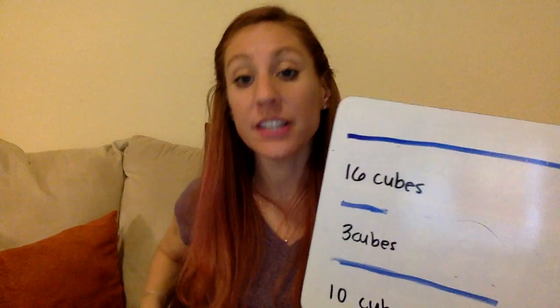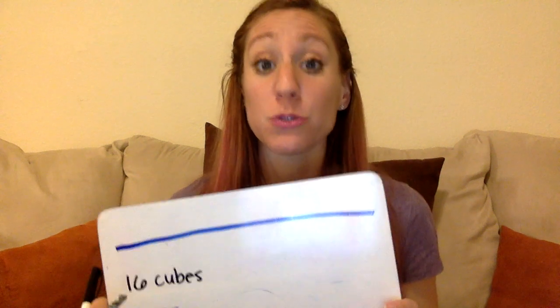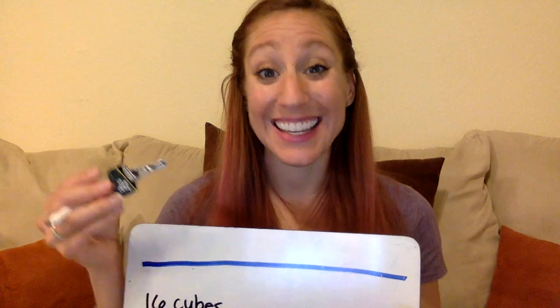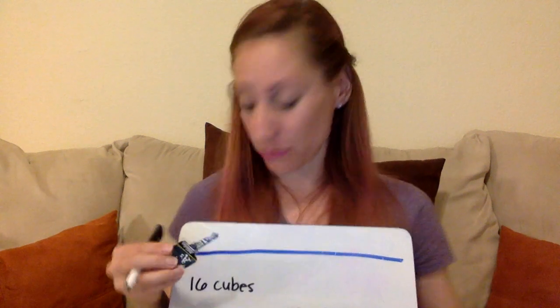Now, I'm going to measure these same 3 lines using a different type of measurement. I'm going to use a different unit. My unit the first time was cubes, right? That was my unit of measurement. Now I'm going to use a key. This one I don't have a bunch that I can link up, so this is how we measure with a key.